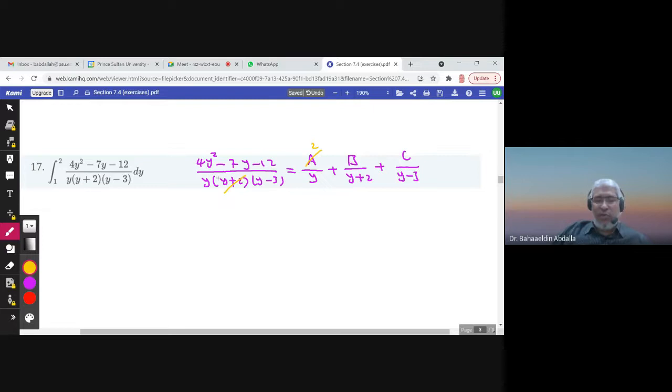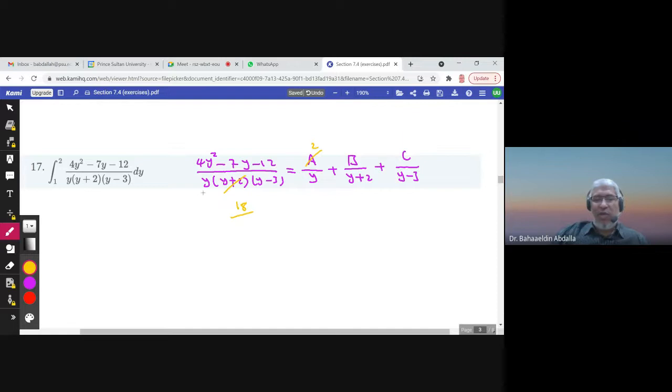I can find b if I cancel y plus 2 here and replace y by negative 2. So 4 times negative 2 squared is 4, minus 7 times negative 2, minus 12. Okay, this is 18. Over y, which is negative 2, times negative 2 minus 3, which is negative 5.